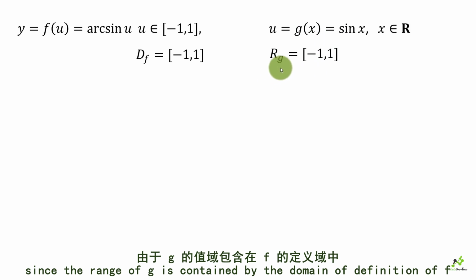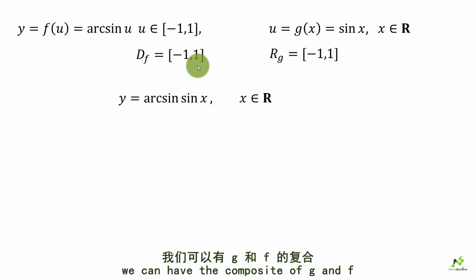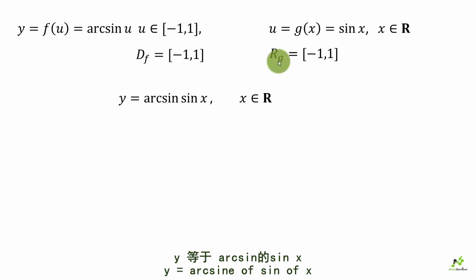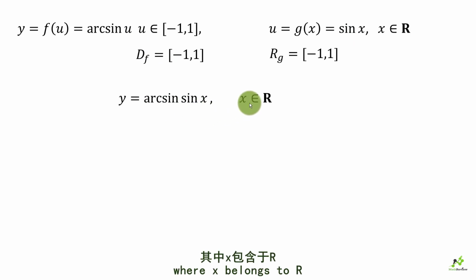Since the range of g is contained by the domain of definition of f, we can have the composite of g and f. We substitute u by sine of x: y equals arcsine of sine x, where x belongs to R.